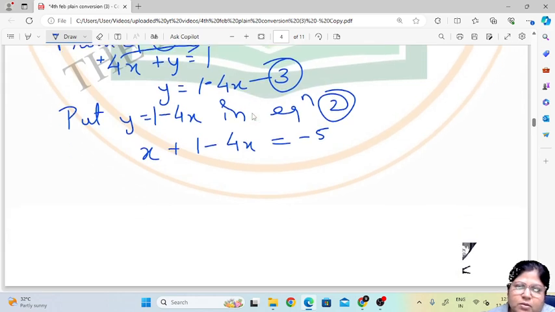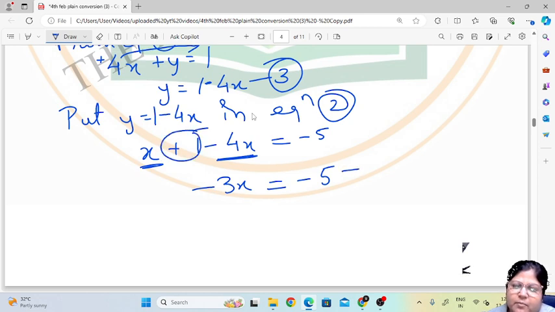So you have x and minus 4x. How much is it? Minus 3x, and then minus 5 is already there, and this positive 1 will go there, it will become negative 1. So minus 3x equals minus 6, x equals minus 6 divided by minus 3. So it gives you 2.